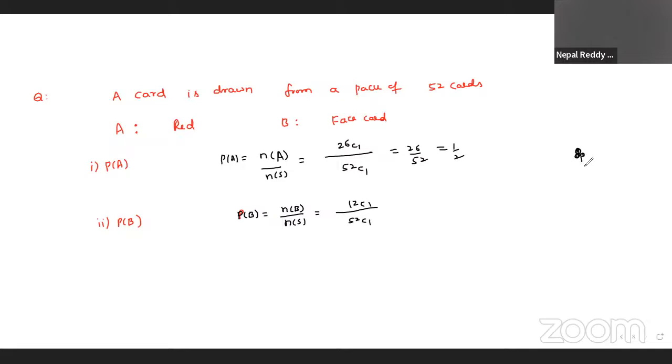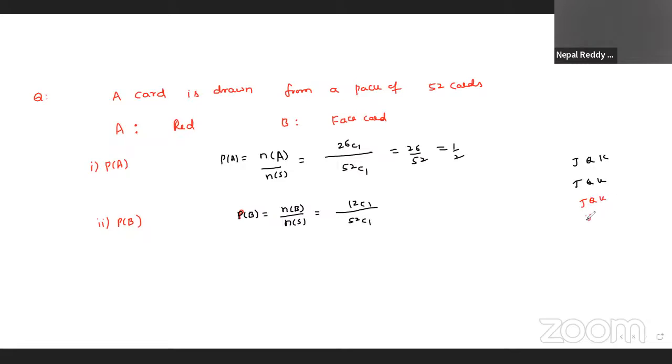Because of heart, diamond, and so on: J, Q, K. They are face cards.